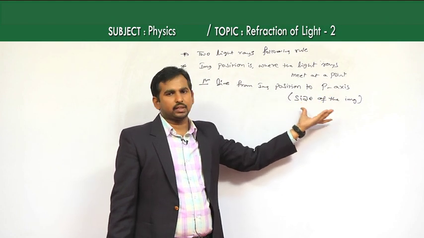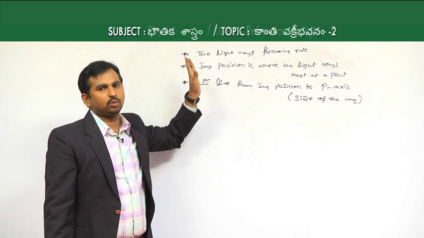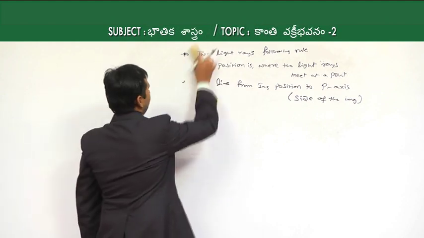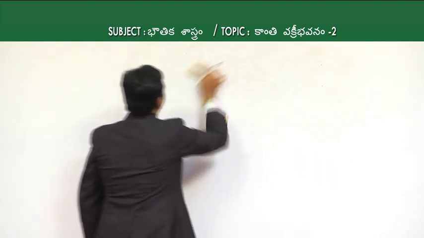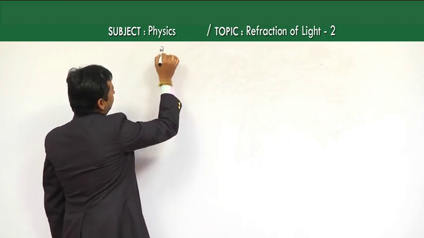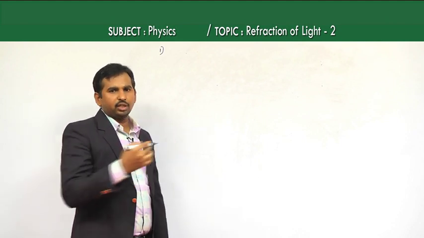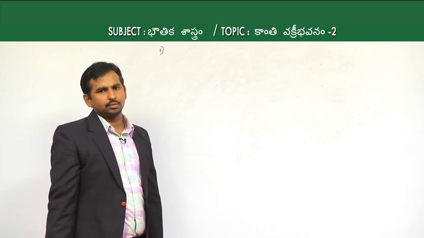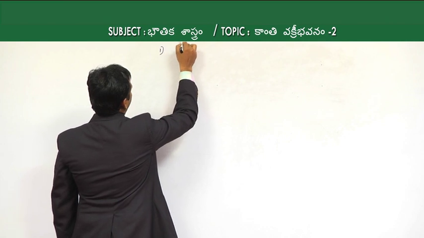That gives you the size of the image. Okay. So, these are the 3 minimum rules we have to follow before drawing the ray diagram. Now, we will see each ray diagram one by one. The first case: every time the object is taken at a far distance, and slowly the object comes closer to the lens. Okay. So, first we are taking the case of a convex lens.